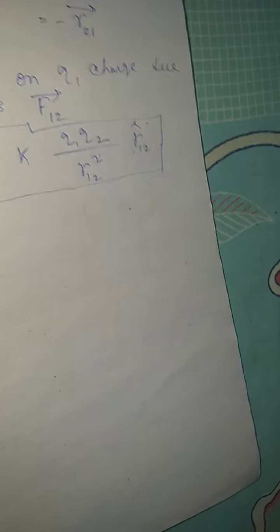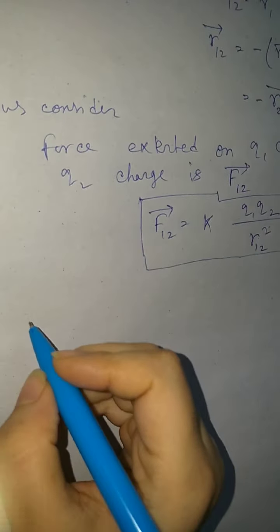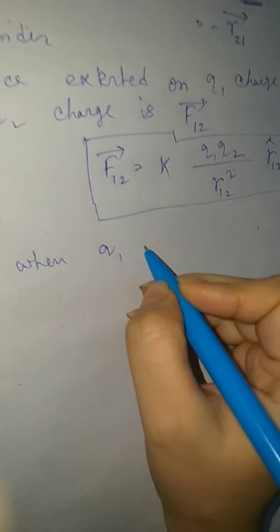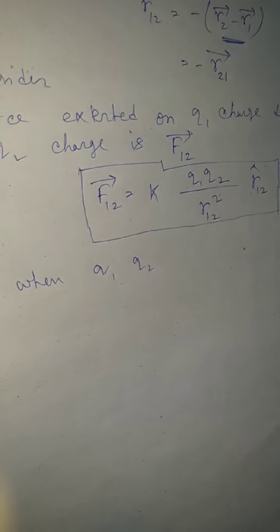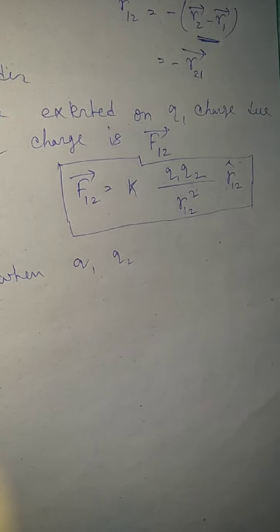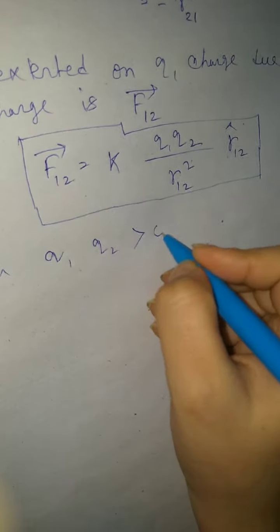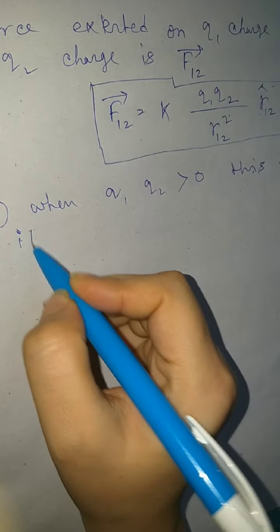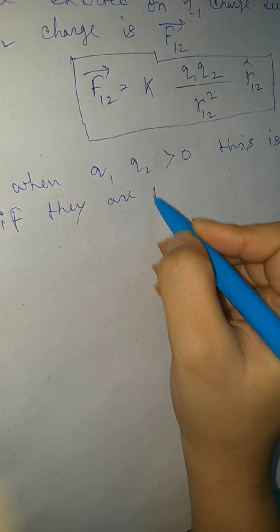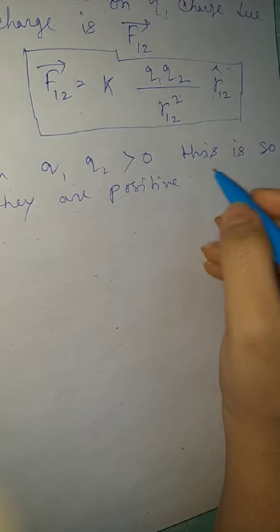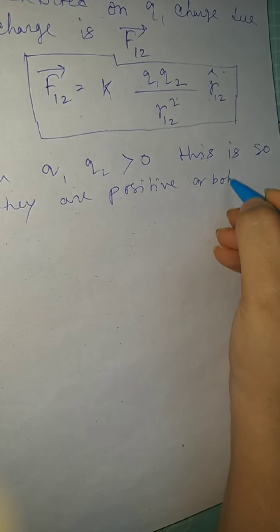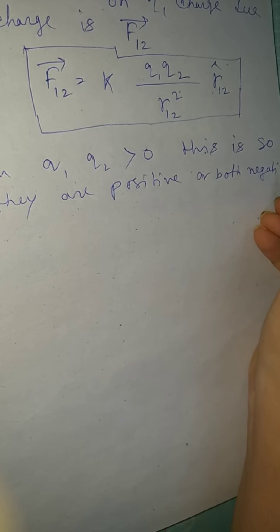Some important points. First one, when Q1 Q2, that means the product of two charges, is greater than 0, if they are both positive or both negative.